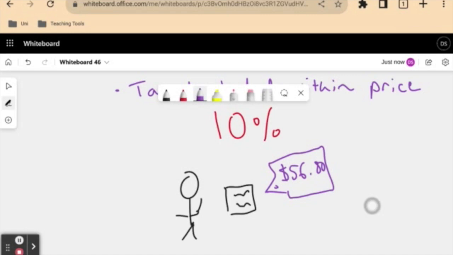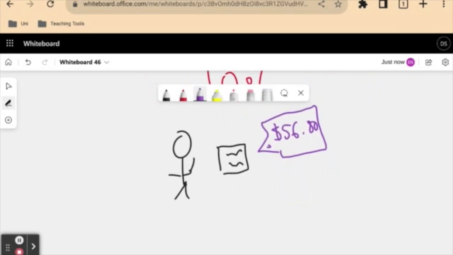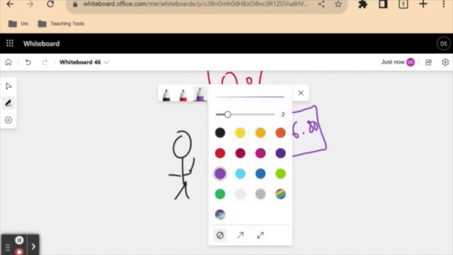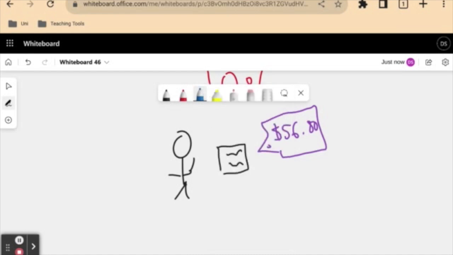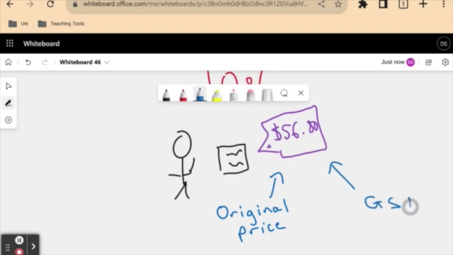Now, what's important to note here is that this price is made up of the original price, the raw selling price, how much it's valued at, but it's also made up of a 10% GST.